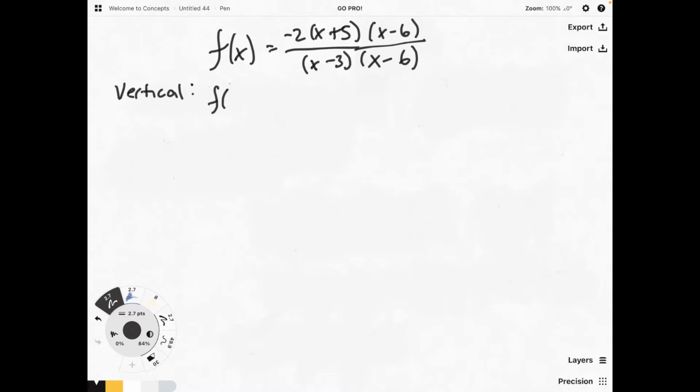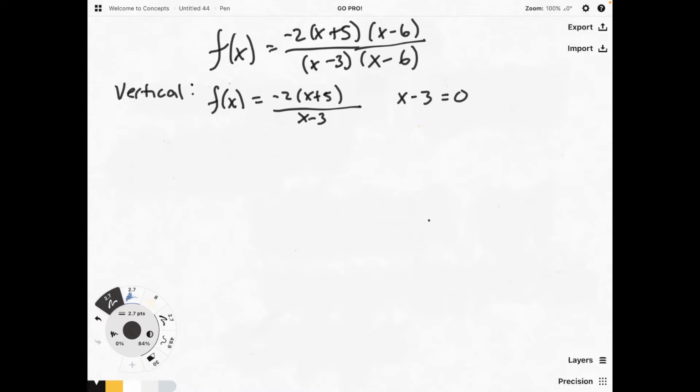So we have f of x equals negative 2 times x plus 5, divided by x minus 3. We have in the denominator our term x minus 3, and we set that equal to 0. Again, we don't want 0 in the denominator because that's an undefined function.